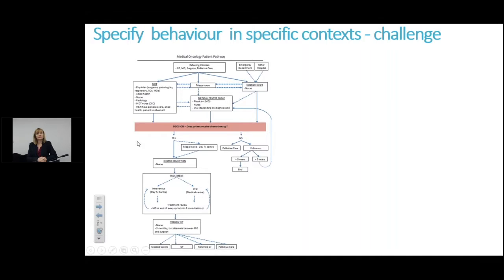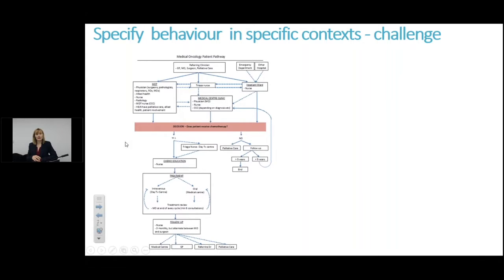So this is the medical oncology patient pathway. You can see there's lots of points at which and lots of different providers that you need to be able to work with in order to make sure that patients receive a consistent routine kind of intervention. And it's also the case that at each of those points, almost invariably, they're quite brief interactions.